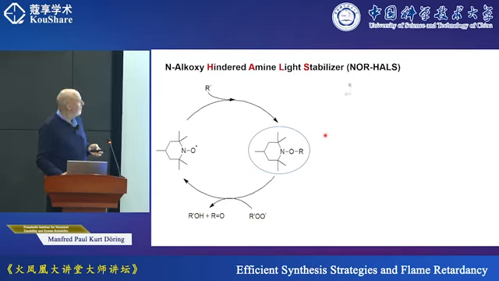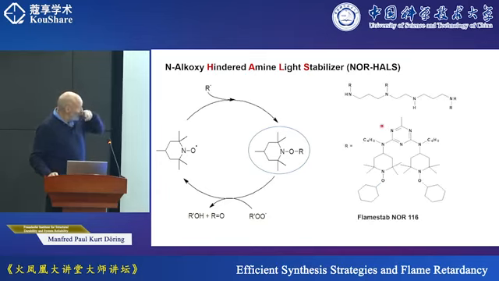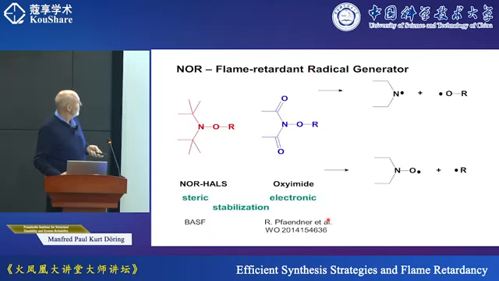And these radicals coming from here, this Flamestab NOR 116, this is the structure, can form these radicals, and these are able to catch these. Here are the radicals formed, but of course simple molecules are relatively less stable. That's why we have to stabilize this. And we have 2 possibilities. One is a so-called steric stabilization. You see it over here. And another one is an electronic stabilization by electron-withdrawing groups over here.